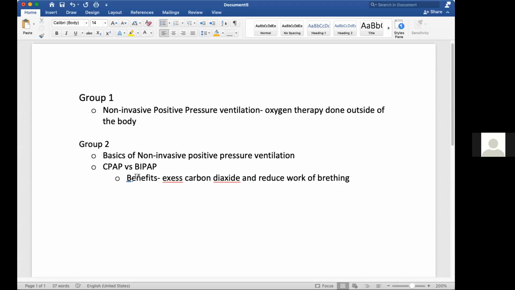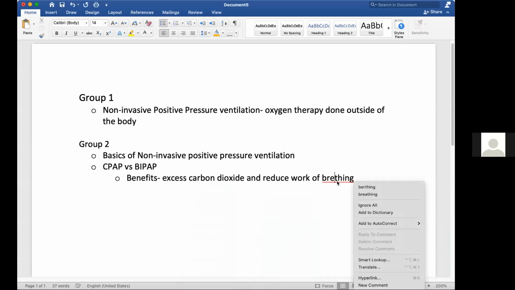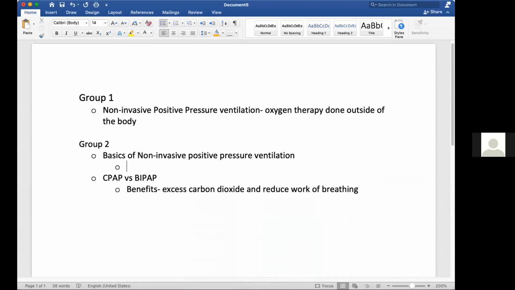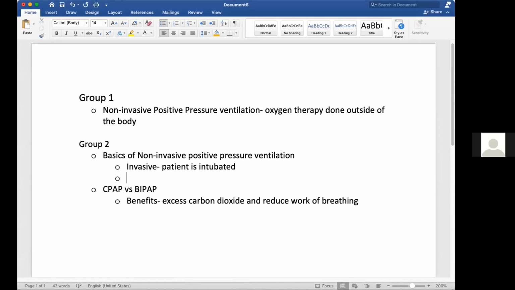Just to add on to what Luyando has presented. We discussed non-invasive positive pressure ventilation as opposed to invasive ventilation. There are two types of ventilation. We have invasive ventilation, where the patient is intubated and mechanically ventilated. Then you have non-invasive ventilation, where the patient is not intubated.